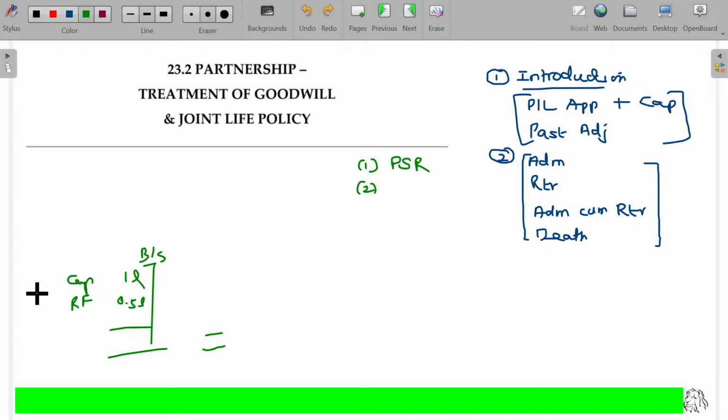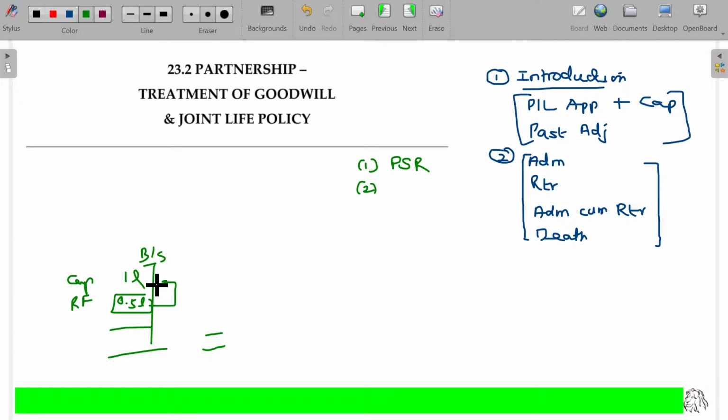At the time of admission, what happens? If you don't do adjustments, sometimes later he demands, sir, there's an accumulated profit, you have to give me my share. So I have to tell him the profit we have kept here is for us only, we have not distributed it. We thought it may be used for a later period. As we are admitting you, you are eligible for sharing only the profit earned hereafter. This is the profit earned before your admission, so it is going to be added to the capital.